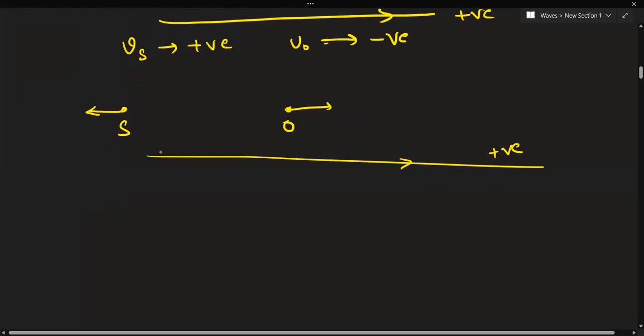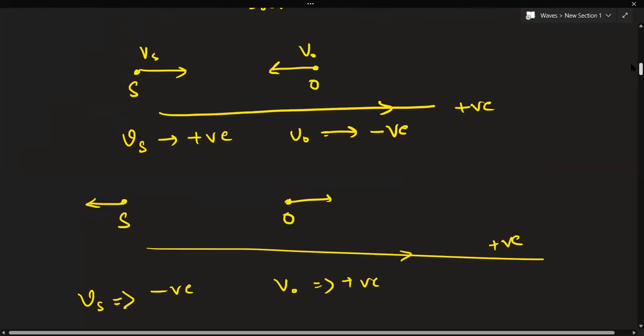From source to observer is positive. If this direction is positive, velocity of source will be positive or negative? Negative. And velocity of the observer? Positive. Clear? Taking the sign convention. Okay, then let's do just a single question.